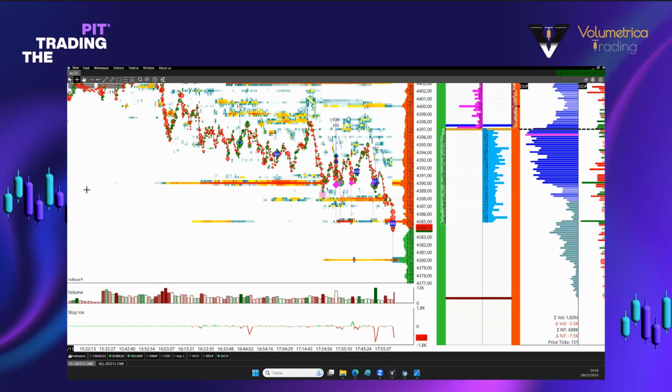Let's spend a couple of words on the color of this liquidity. As we said, the color, at least in my personal setting, doesn't relate in any way to the side of this liquidity, buyers or sellers.